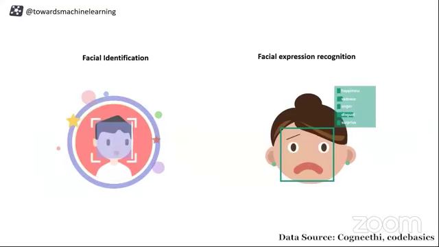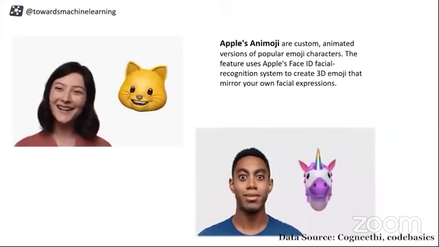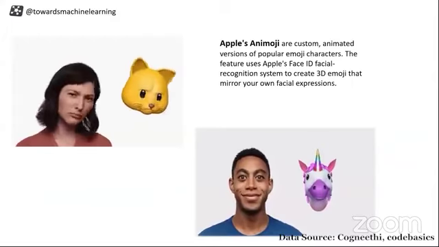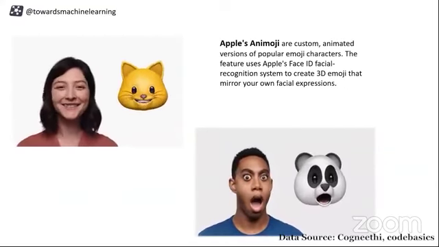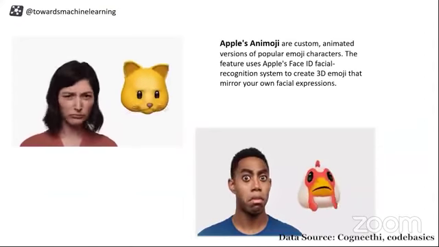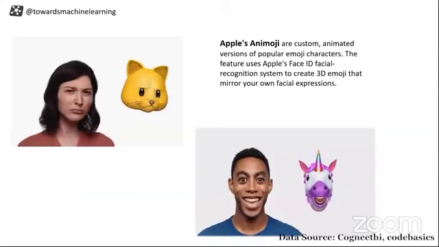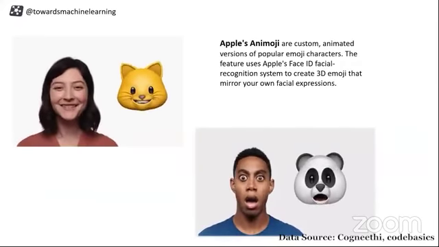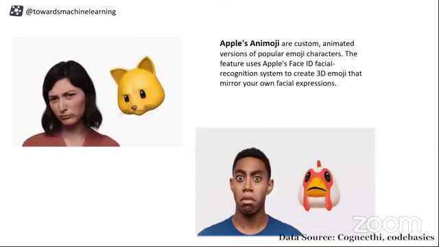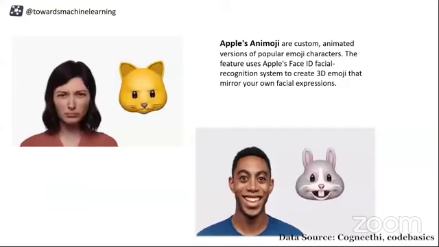So yeah, next thing you can see in Apple as well, in some of the latest updates, they have introduced Animoji, in which the emoji can track your facial expression and imitate it. So Apple also uses this, and few of you who might have attended my previous lecture on CNN and introduction to CNN, there we also saw some applications where Apple has used background blurring, making the background black.